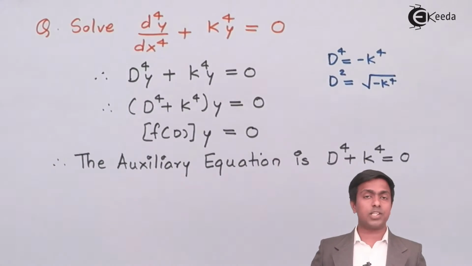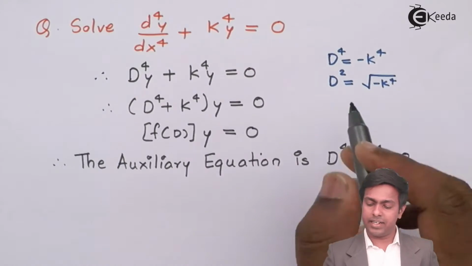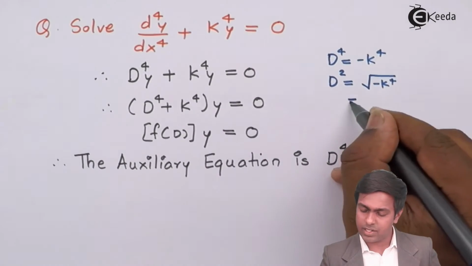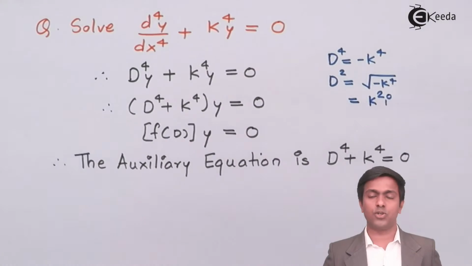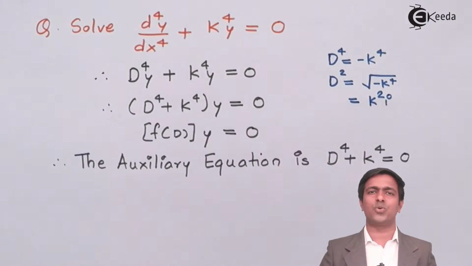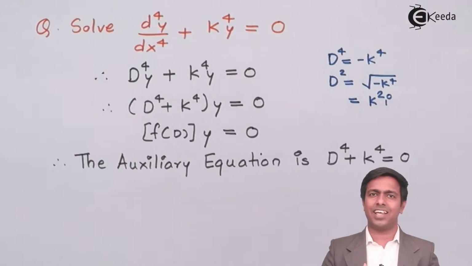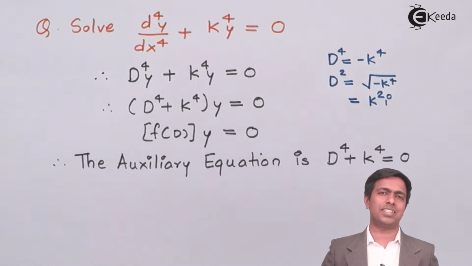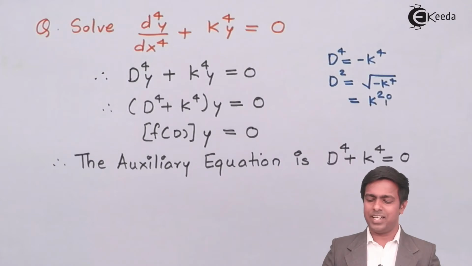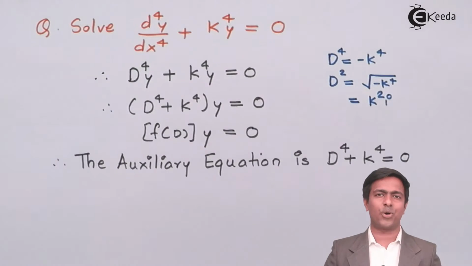But guys, by doing this, what happens here? That D square will be k square i. So it means you will get D square equal to an imaginary term. And as you want D, when you find out the root of D, you have to find out the root of the imaginary term, which is not possible. So that means this solution is wrong.